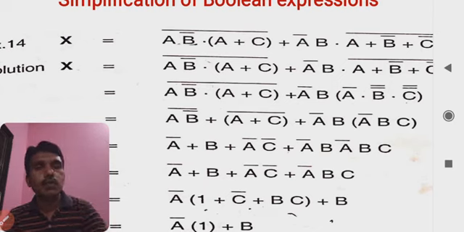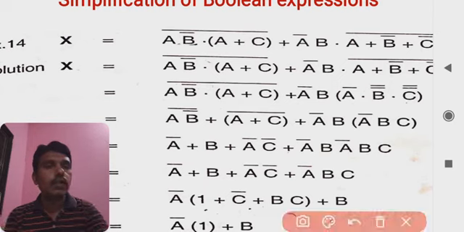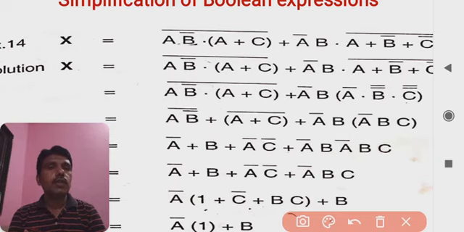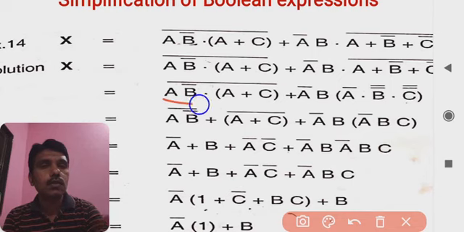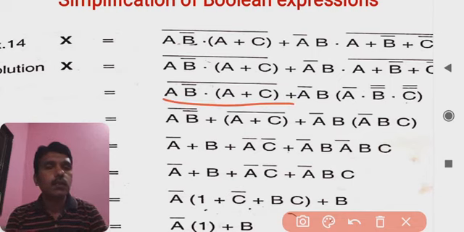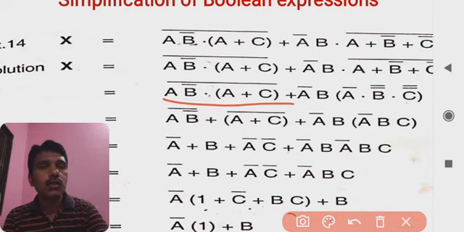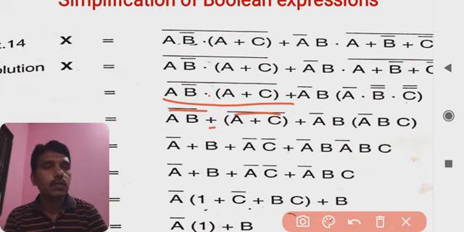So we have this relation, and at this stage again we are applying De Morgan's theorem, and it is quite interesting to see what exactly the logic is. This is the complemented part, but it is a product, so we can convert it into the sum of the complements. That's why A B complement, again complement, or A or C complement is there. The product is converted into the sum of the complements.